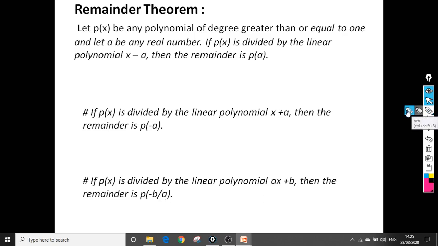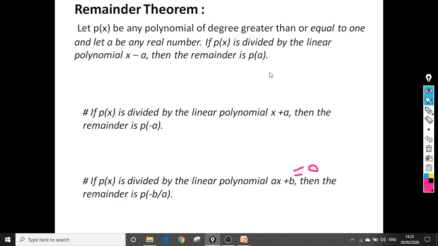Since when you set ax plus b equals 0, you find the value of x, and x comes to be minus b upon a, and that value is substituted in the polynomial and we get p of minus b upon a. That is the remainder we get. So these two are important points from this remainder theorem. Our main remainder theorem is the basic definition. This concept will be clear to you with certain examples.